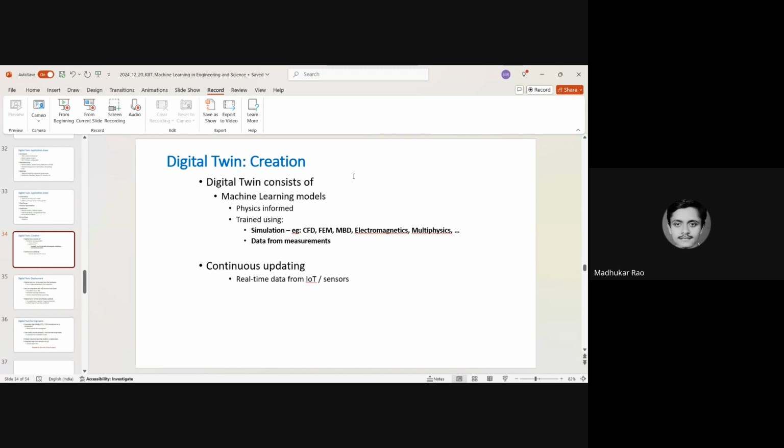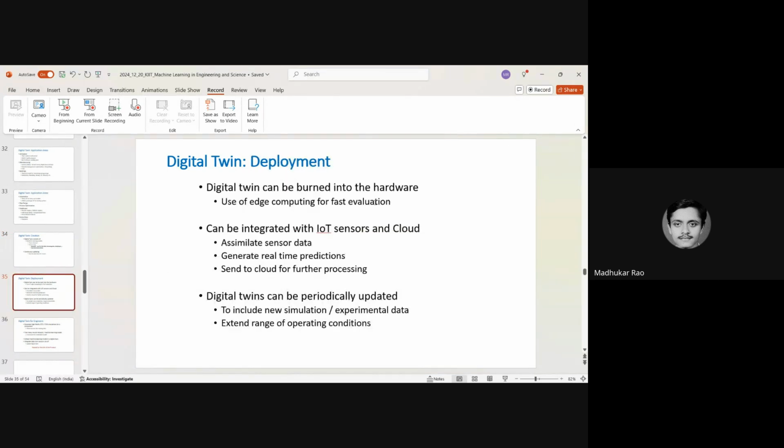And then you can continuously update the digital twin in real time from IoT and sensors. So you can burn it into your IoT hardware, or you can burn it into your ROM of your computer. Use of edge computing for fast evaluation of machine learning models, to integrate it with both IoT sensors as well as the cloud.